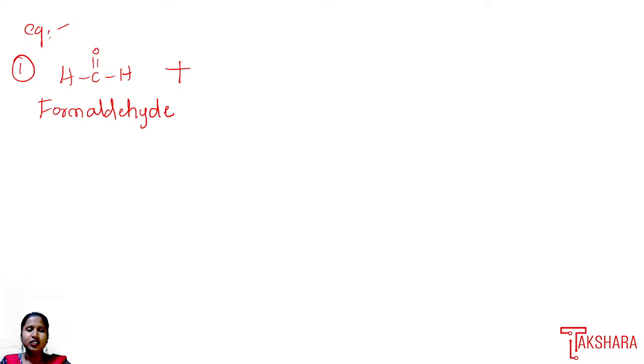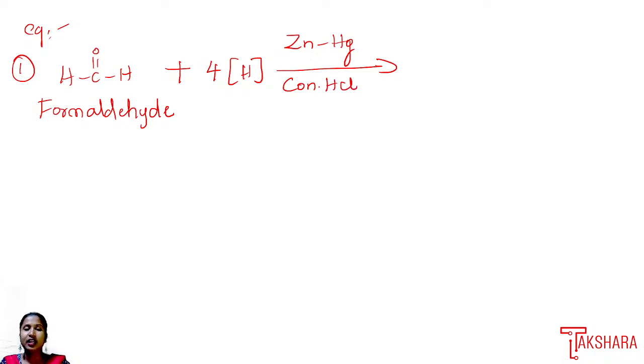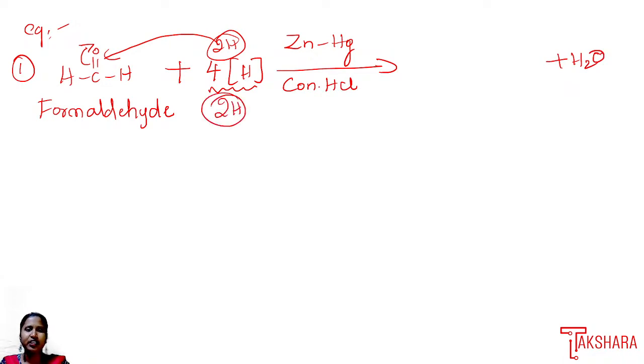When it undergoes the reduction reaction in the presence of 4 moles of hydrogen and also zinc amalgam, that is concentrated HCl with a combination of zinc and Hg, 2 hydrogen atoms combine with the oxygen atom and the bond shifts, the water molecule is removed, and the remaining 2 hydrogen atoms combine with the carbon atom.